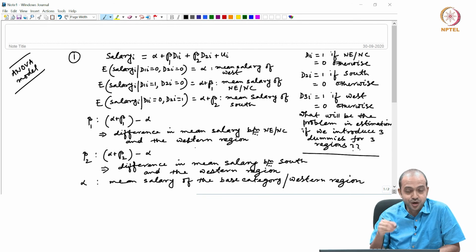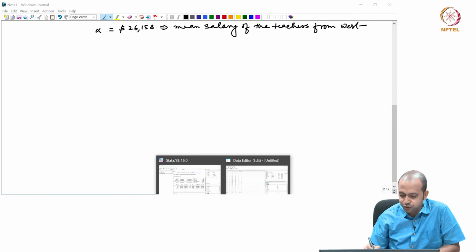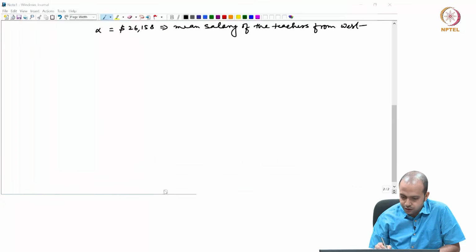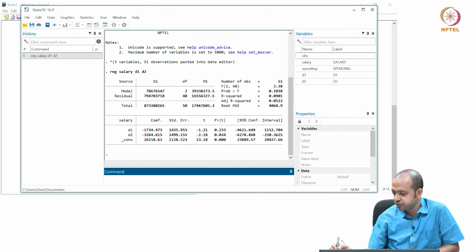So, d1 indicates the difference. So, what would be the salary of the northeast or north central? That would be 26,150 minus, since it is negative, minus 1,734.